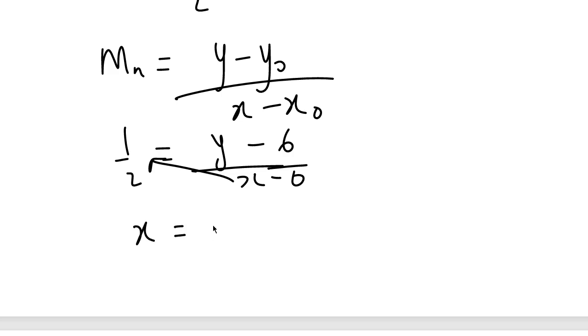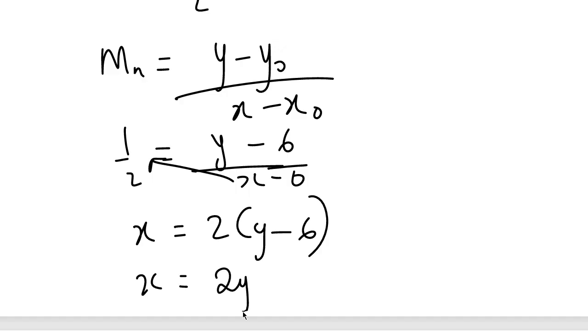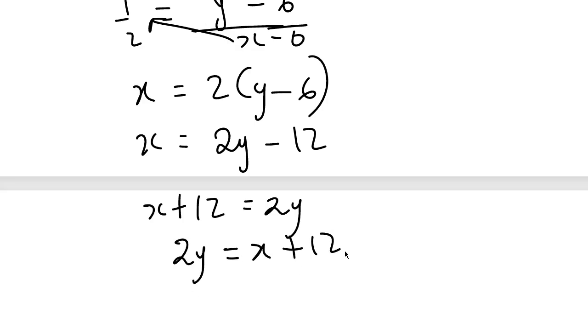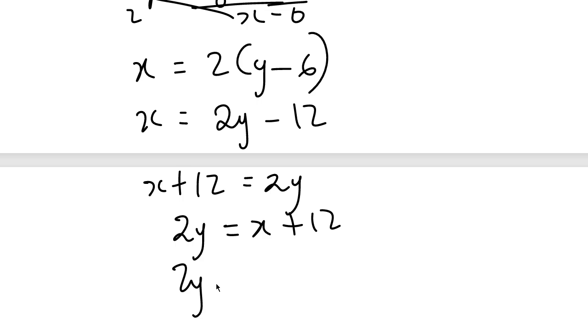So x will be equal to 2(y - 6). x will be equal to 2 times y, which is 2y, and 2 times -6 is what? -12. Do you understand? So you could leave it this way, or you could add 12 to both sides. And what are you going to have? x + 12 is equal to 2y, or you can say 2y = x + 12. Or you could move everything over to the left as 2y - x - 12 = 0. And this is the equation of the normal to the curve at x = 0.